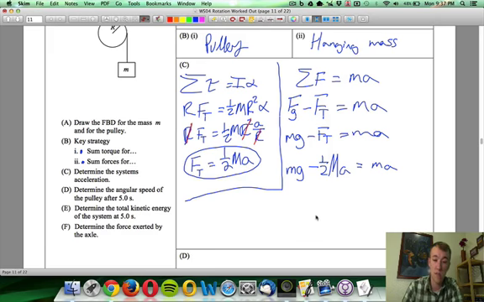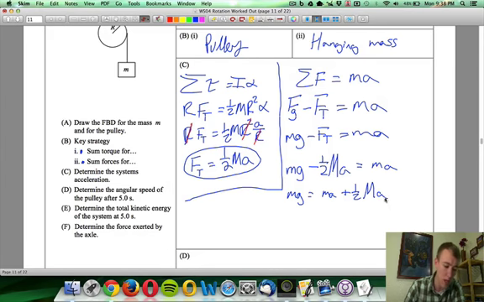Our goal here was to find the acceleration, so we're going to rearrange this equation, add this over to the other side. mg equals little ma plus 1/2 mass of the pulley times the acceleration. And you can do all this out. You can do the algebra here.